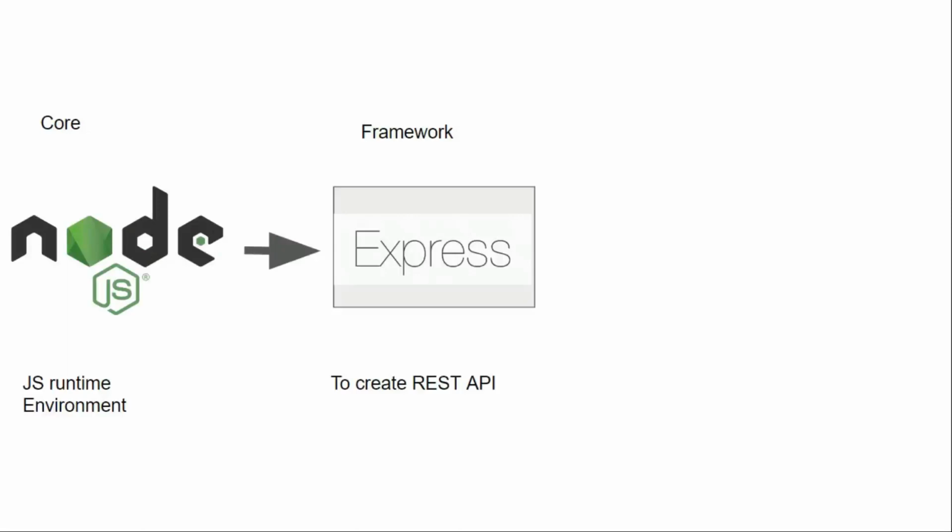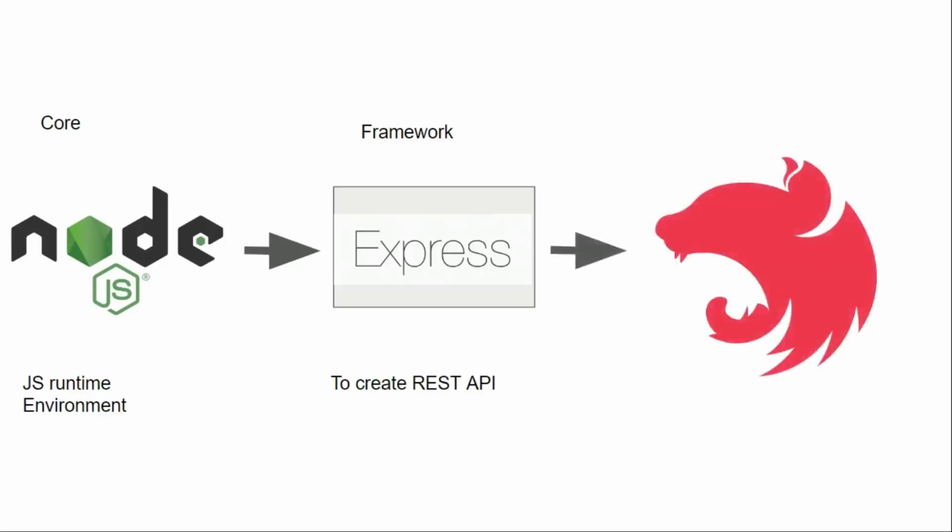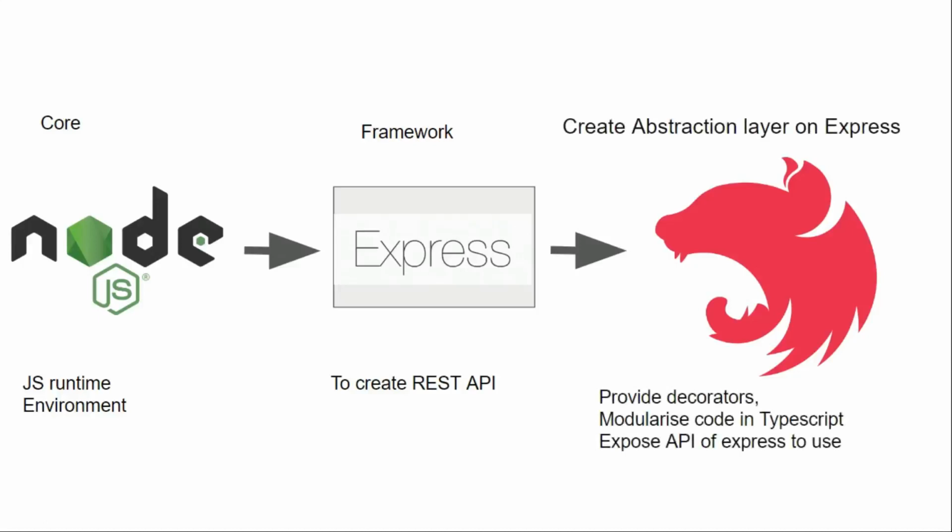So we know Node.js is a JS runtime environment, and we know Express.js as a framework for Node.js where we can create REST APIs. On the top of this Express.js, Nest.js comes, and it provides an abstraction layer on the top of Express.js.